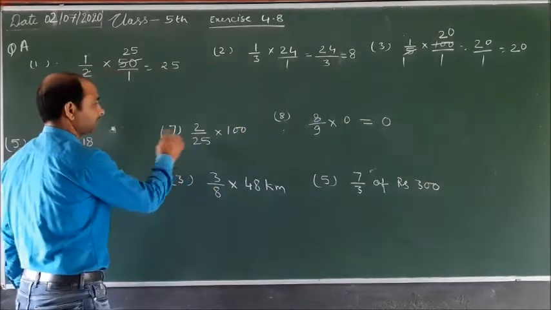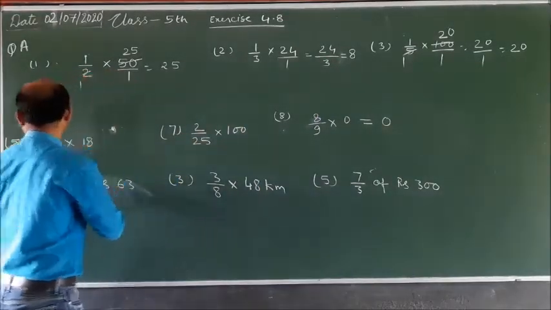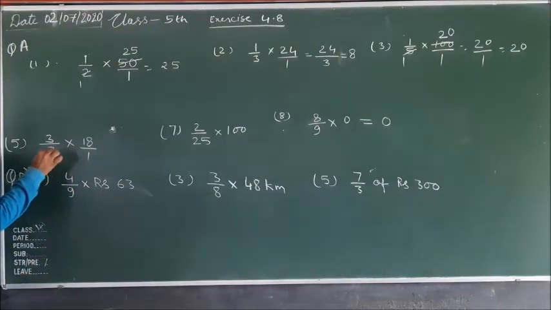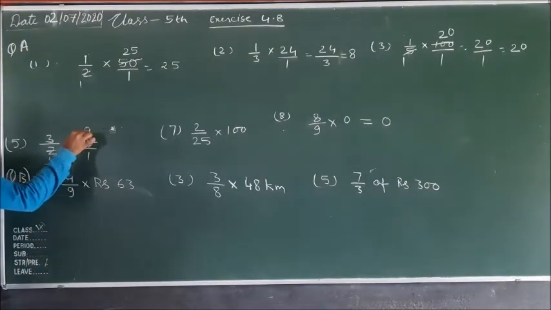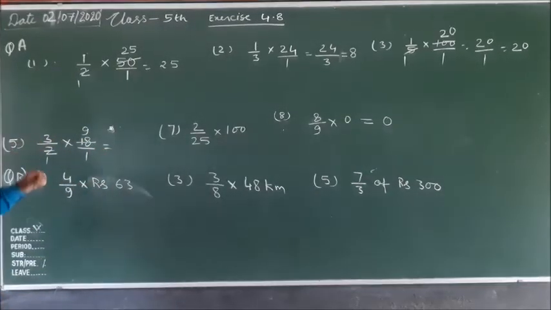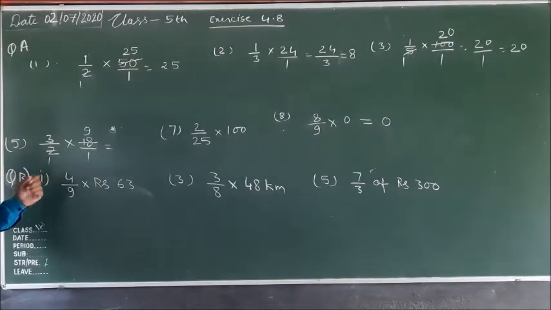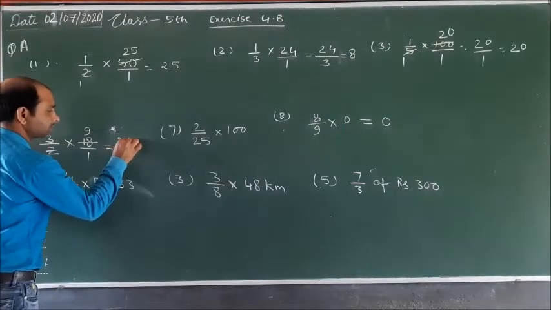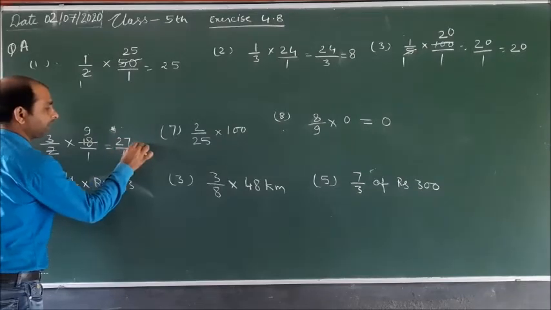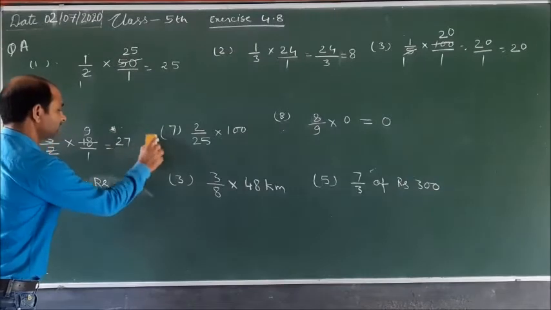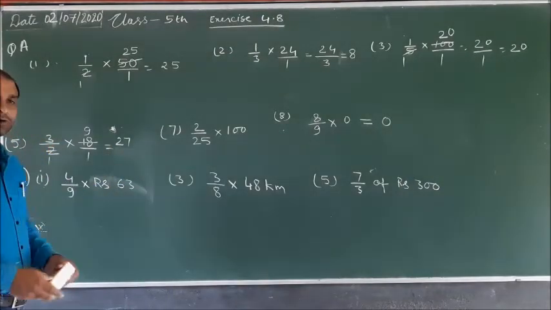Now next question number 7, sorry, question number 18 upon 1, 2 ones are 2, 2 nines are 18, equals 3 and 9 is the numerator and in the denominator 1 and 1. 1 multiplied by 1 equals 1 and 9 threes are 27. The 27 upon 1 equals 27. So we write only 27. Okay, this is your answer.